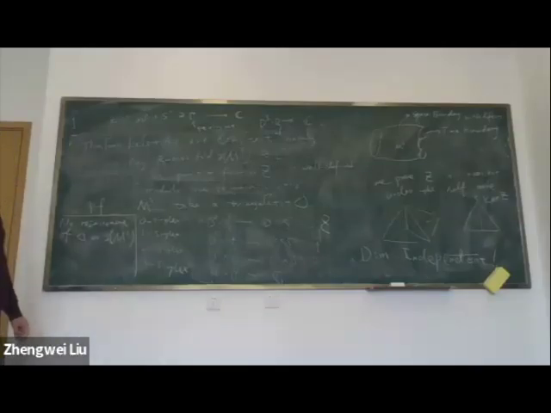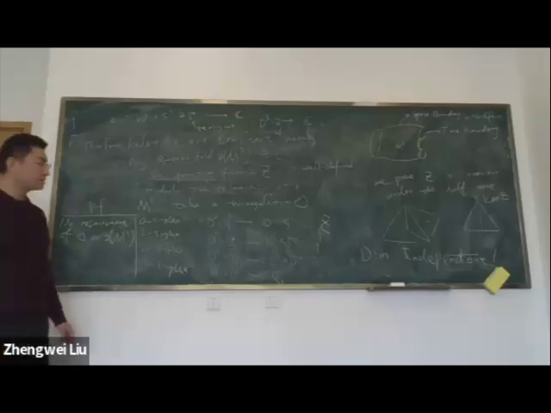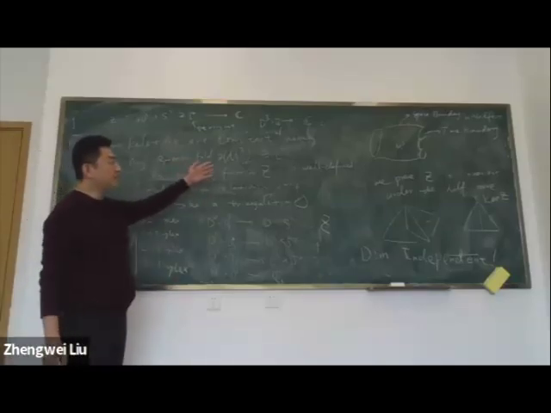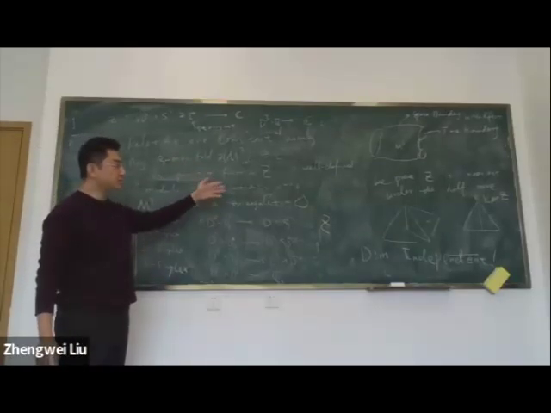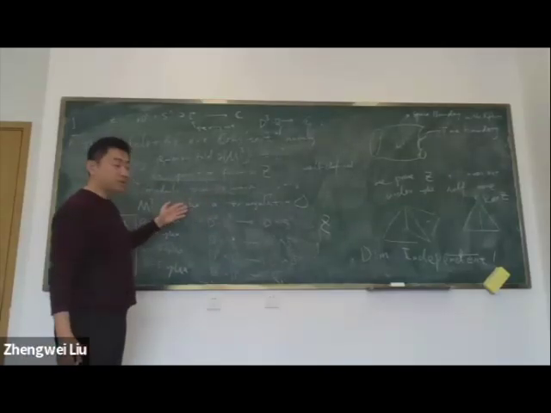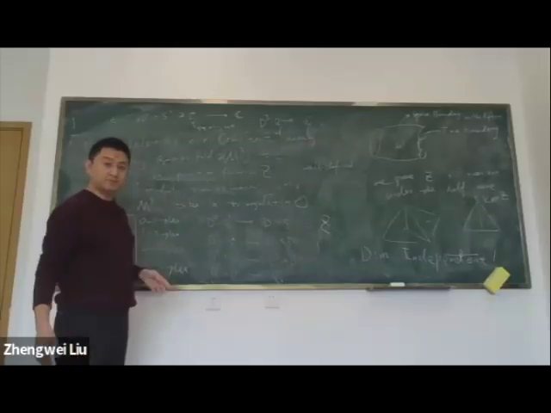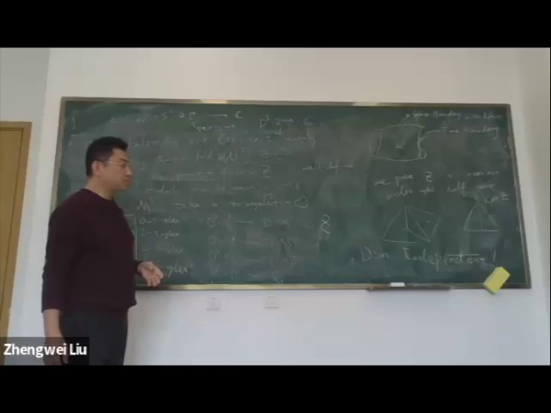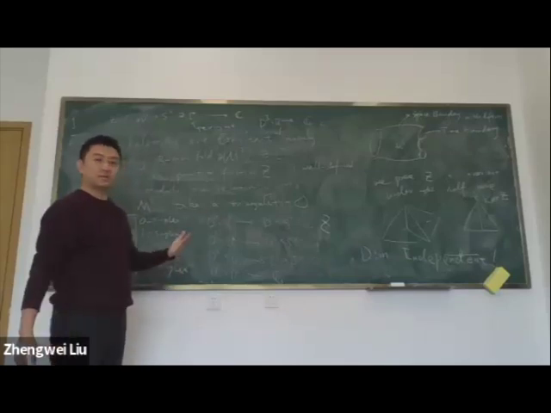And another technical thing is that when we define the TQFT using those data, we need to require any relation to be a finite sum. Otherwise, the final partition function will be an infinite sum, so convergence will be a problem. To avoid this technical difficulty, we assume all the linear sums will be finite sums.